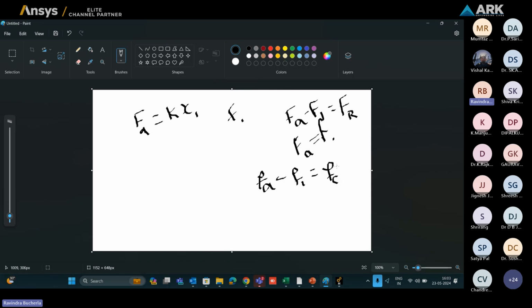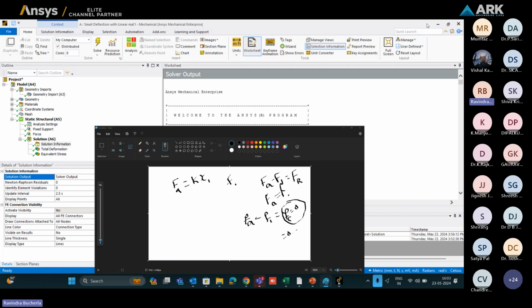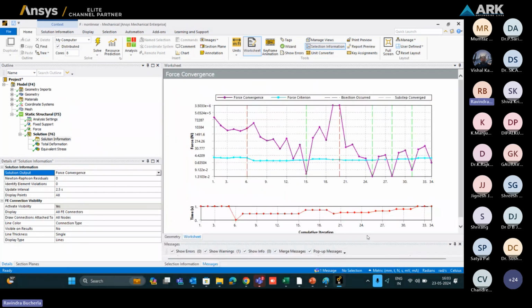Instead of Fc equal to 0, we consider some value, because numerically that is not possible to take. It will take a lot of time. So we will be considering some value like 0.001 or 0.112, based upon the force we are applying and the reaction force we will be getting. So that is the force criteria.